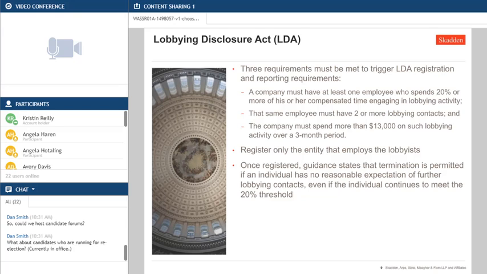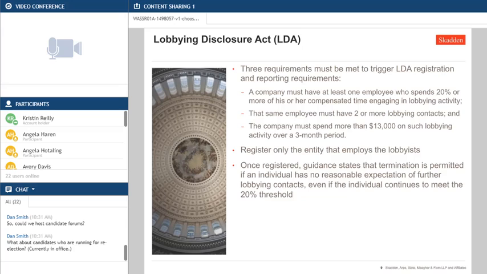The same employee has to have 2 or more lobbying contacts on behalf of the organization. So it won't count if you've got somebody who's spending over 20% of their time on what they call lobbying activity, which I'll describe, but they've only had one contact on behalf of the organization; they won't have tripped that registration threshold.